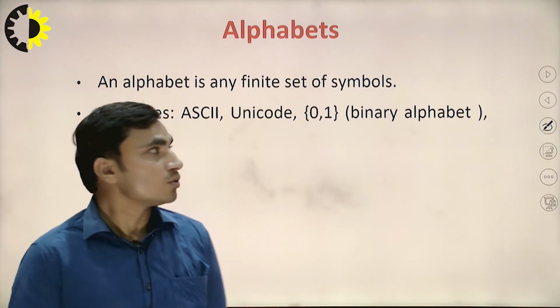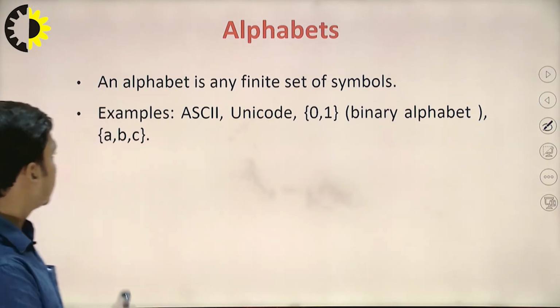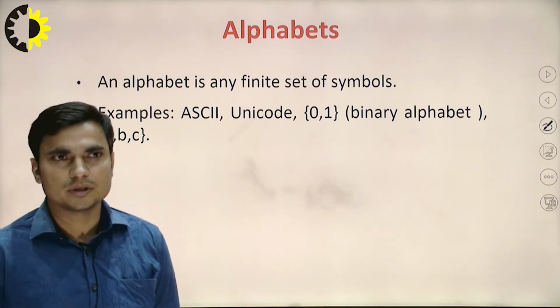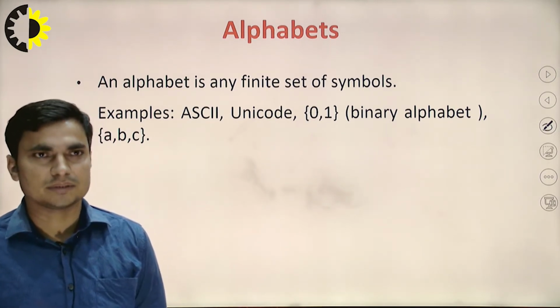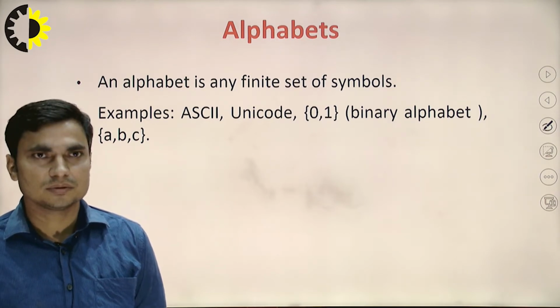That set is known as the alphabet. We can take examples like ASCII encoding, which has, let's say, 127 characters. These are all sets of certain symbols.